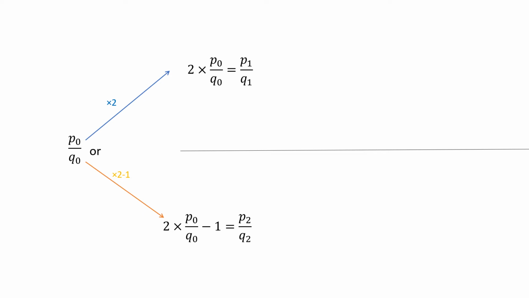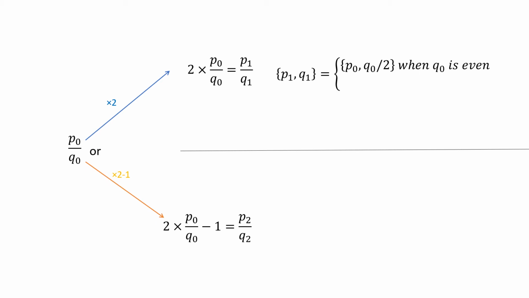Starting with the blue arrow, when p0 over q0 is multiplied by 2, there are two cases. If q0 is even, then q1 will be equal to q0 over 2, so that the next fraction's numerator and denominator are both even numbers.